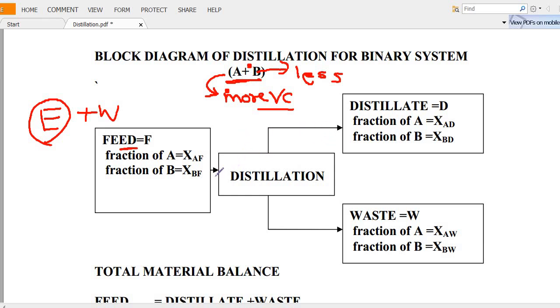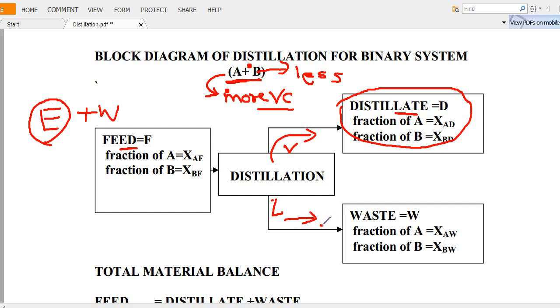When the feed is heated, the vapor goes to the top of the column, while the liquid goes to the reboiler of the column. The vapor goes to the condenser, where these vapors are cooled, and this cooled vapor is called distillate.